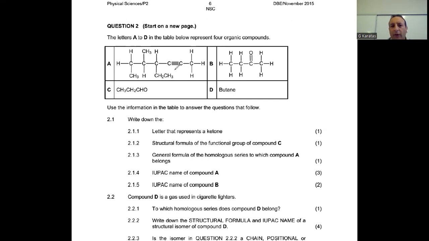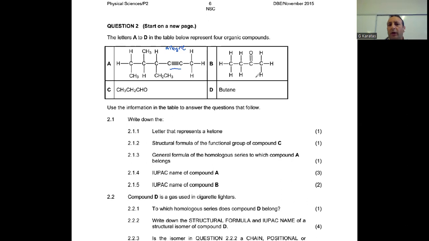When we look at compound A, you can easily see this triple bond between carbon atoms, so compound A is an alkyne. It belongs to the homologous series of alkynes.